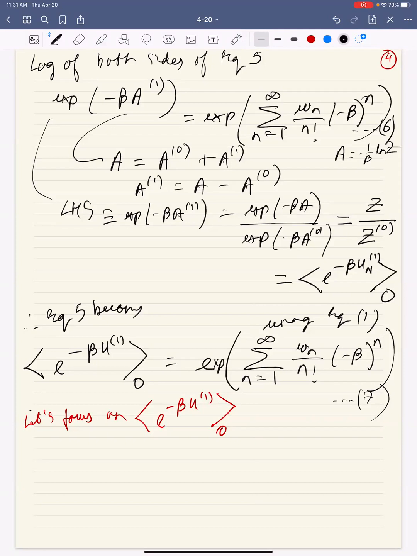So if we do this, we can write down this exponential inside the average. What's that going to look like? That's going to look like 1 minus beta U1 plus (beta U1) whole square by 2 factorial minus dot, dot, dot, right? Again, if you want to be exact, you just have to consider infinitely many terms in the power series and keep going on and on.